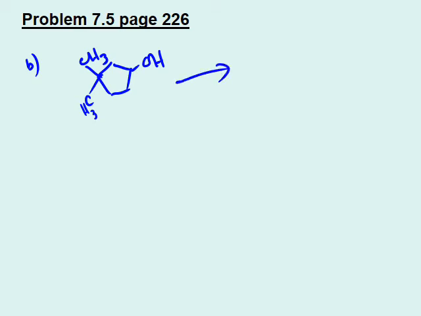Question is, in presence of thionyl chloride, SOCl2, what would be the product? We already talked about this. Thionyl chloride would replace OH, of a 1 degree or 2 degree alcohol, by Cl. And this is a 2 degree alcohol because this carbon, let me show you with the red pen, which is part of the ring, is bonded to 2 other carbons.